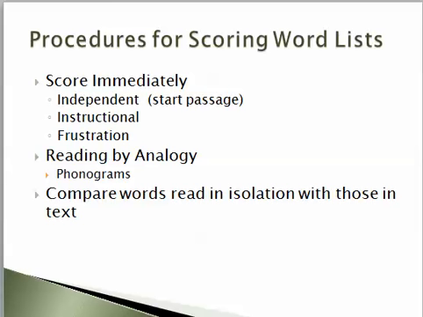The instructional is 12 to 14 words correct, and the frustration is below 12. The levels for the word list with 20 words are independent, 18 to 20; instructional, 14 to 17 words correct; and frustration is anything below 14 words correct.